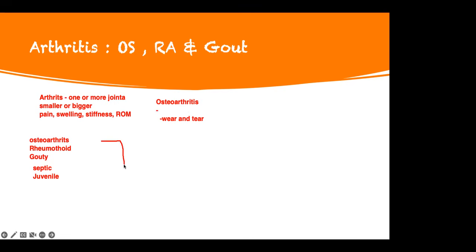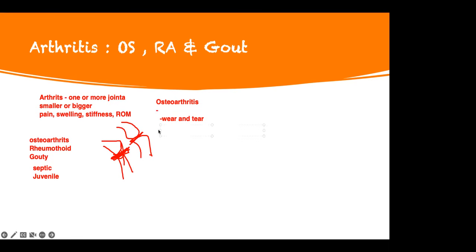So if this is the joint and the two bones, one bone is here, one bone is here, in between them, the bones don't touch each other. This cartilage wears off, and you'll be left with this little tiny joint space and the bones now touching each other. And that is all what osteoarthritis is.